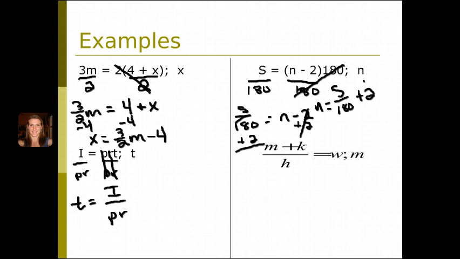It's all crammed in. And our last example, I am trying to solve for m. M right now is in the numerator. So the only way that I can get the numerator isolated is to get rid of my denominator. So I have to multiply both sides by h.